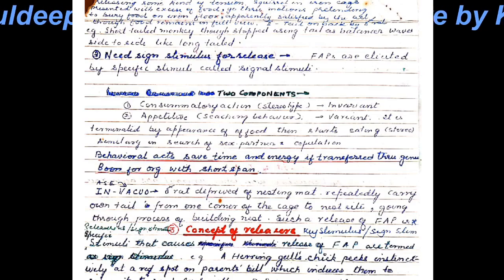This pecking of the red spot by the baby chick serves as the sign stimulus for the parent to regurgitate the food inside its alimentary canal. The tapping behavior is again innate and genetically pre-programmed. It was not taught to the newborn chick, yet it is performed. That means it is ingrained in the genes, it is innate, it is stereotyped, and therefore it is a fixed action pattern.